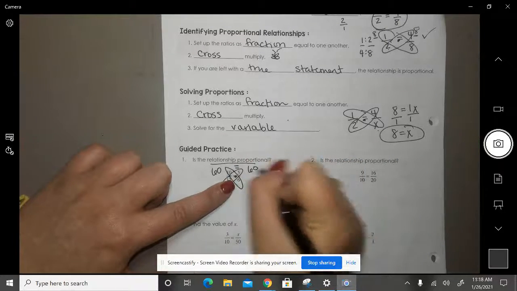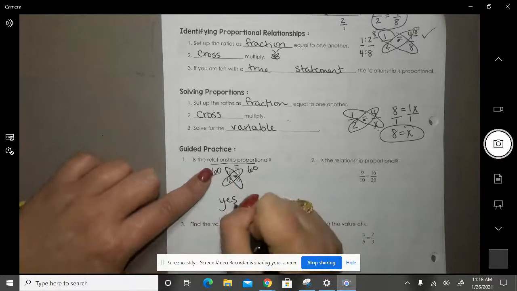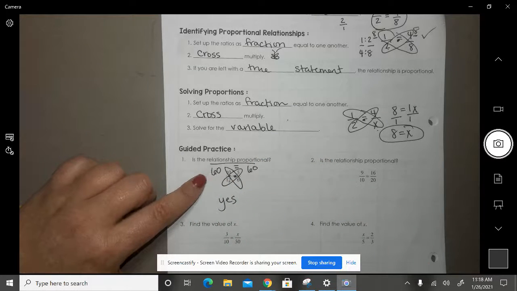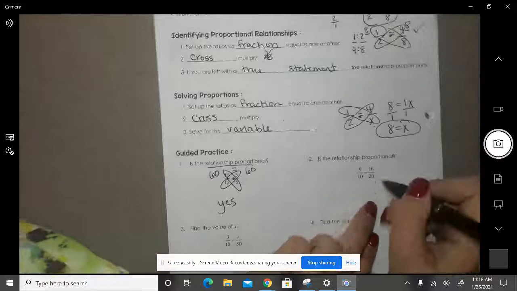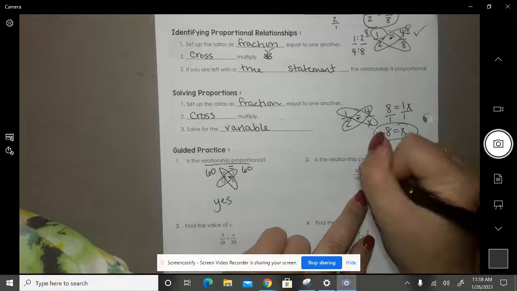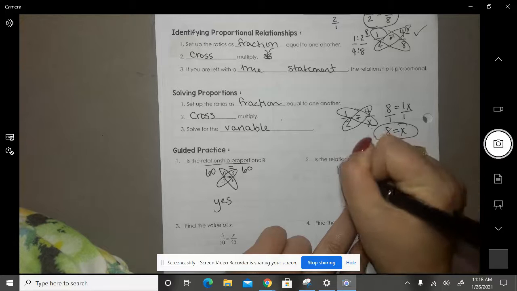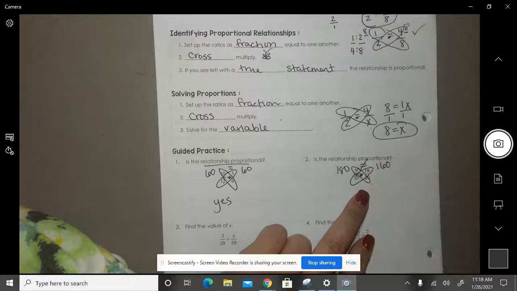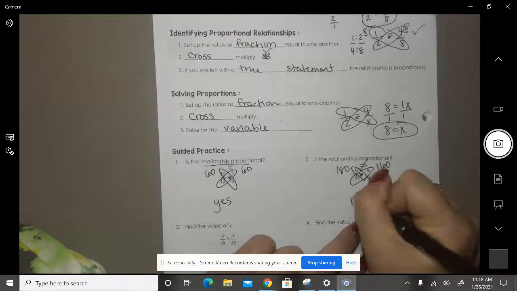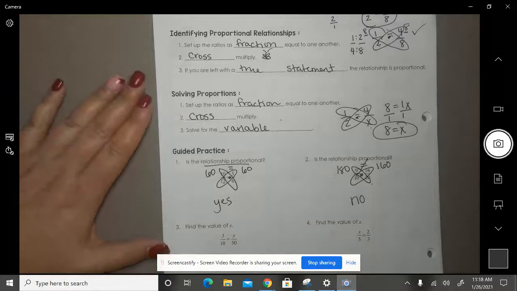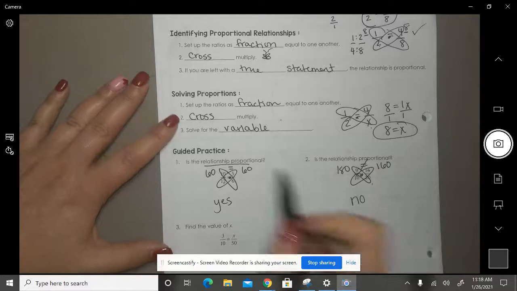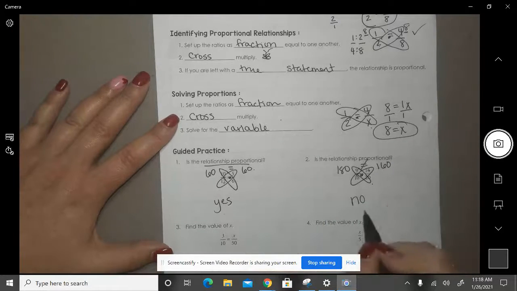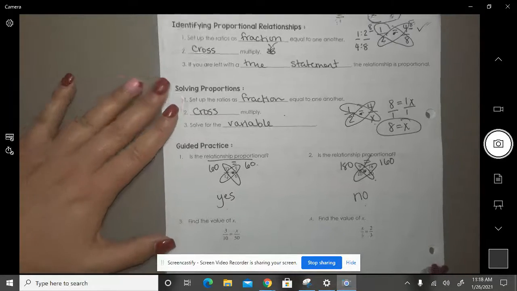Since 60 is equal to 60, then yes, it is a proportional relationship. So same thing over here. We're going to cross multiply. 10 times 16 is 160. Because they are not equal, then they are not a proportional relationship. So if they're equal, they're proportional. If they're not equal, they're not proportional.